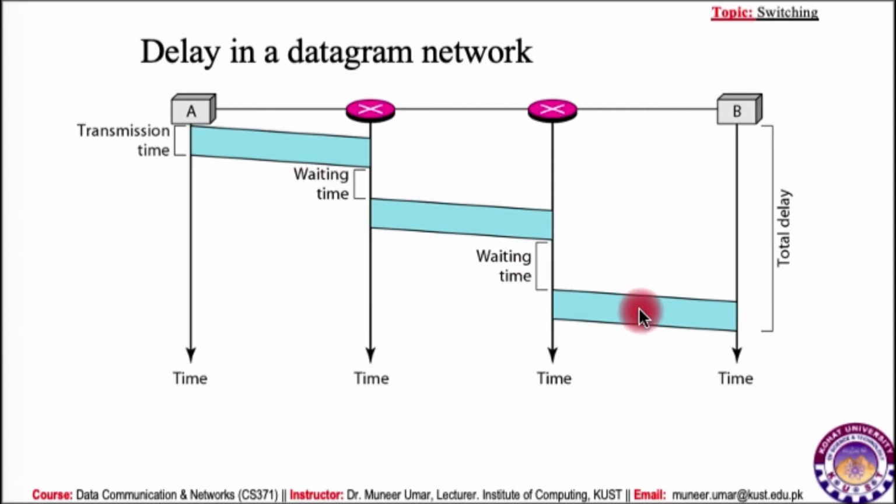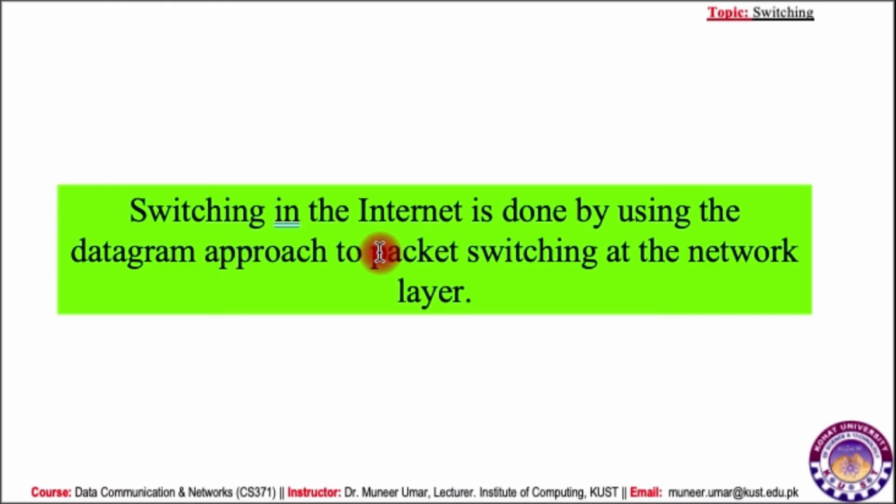So the total time is till here. This is the total delay, and in this delay, the processing time is ignored. Switching in the internet is done by using the datagram approach to packet switching at the network layer.